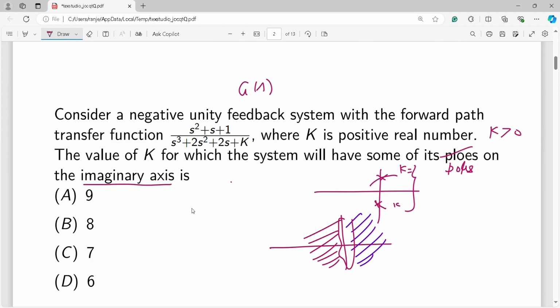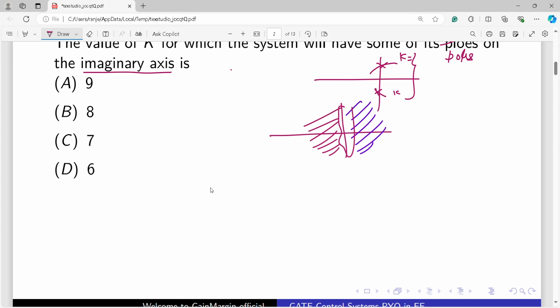Here they are giving the negative unity feedback system. I already told in our previous video, in control systems generally we use negative feedback, because then only the control system would be stable.